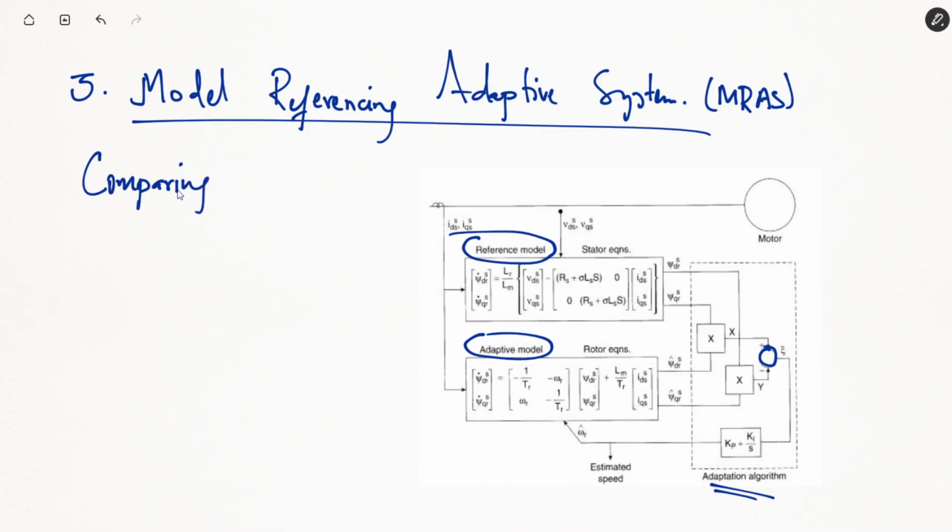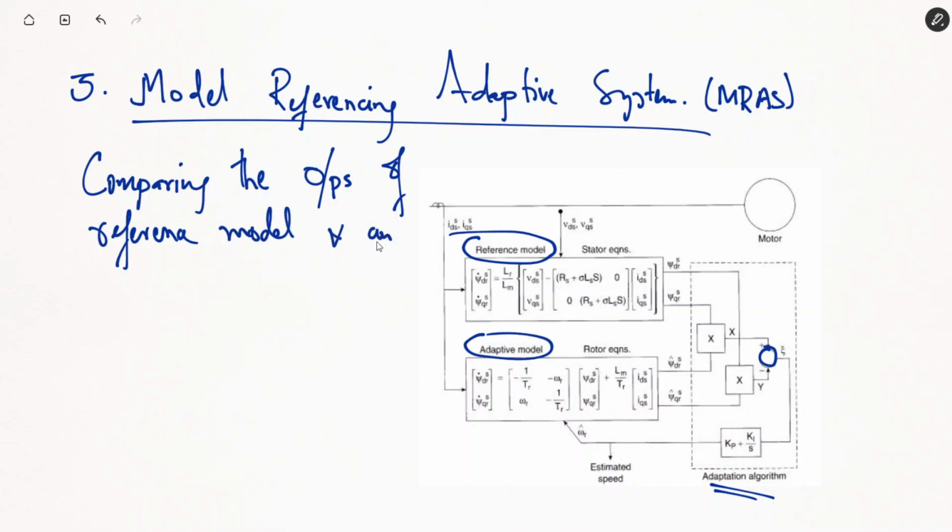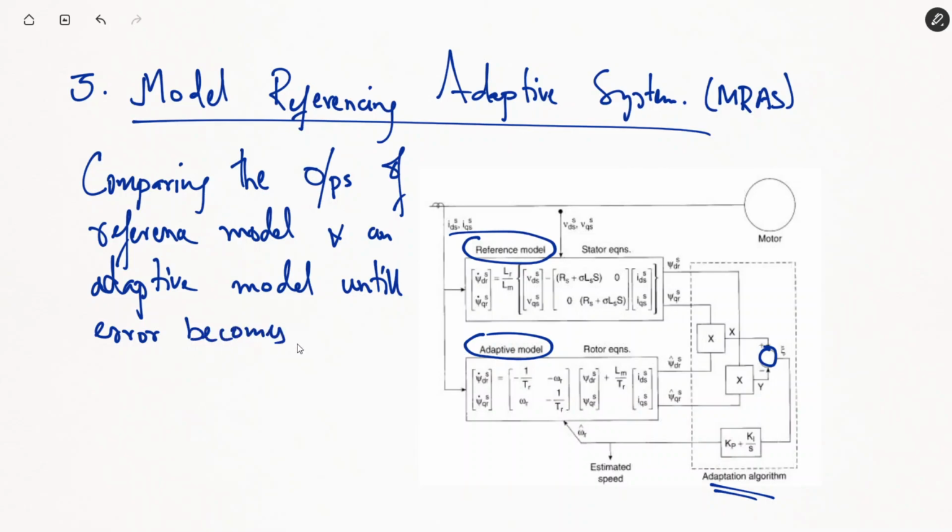So we are comparing the outputs until the error between the two models becomes zero.